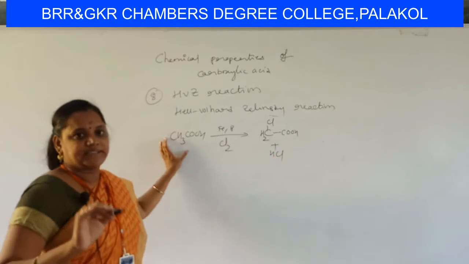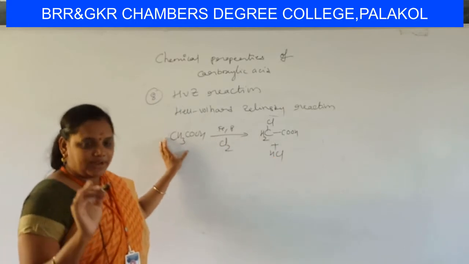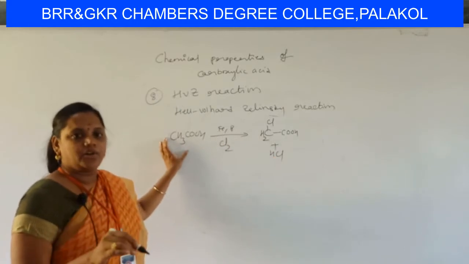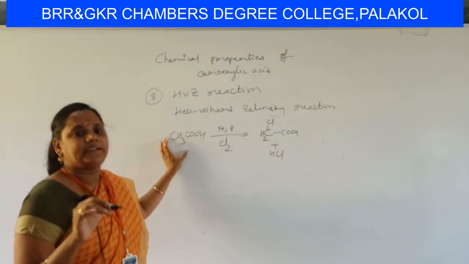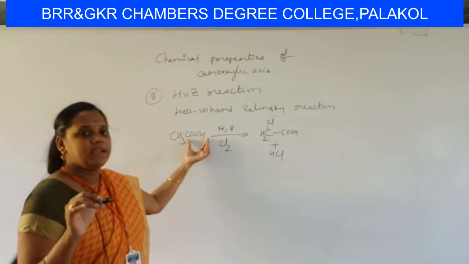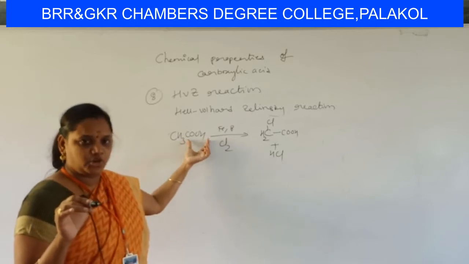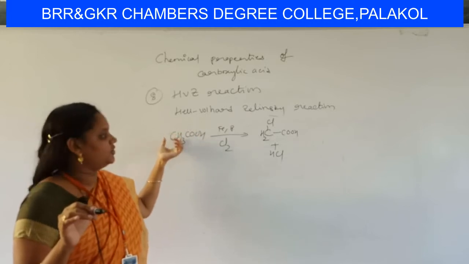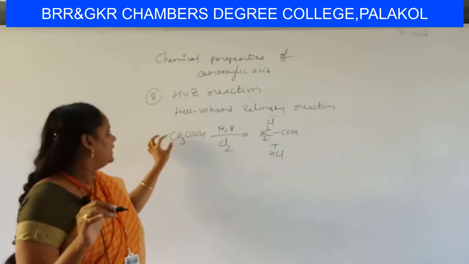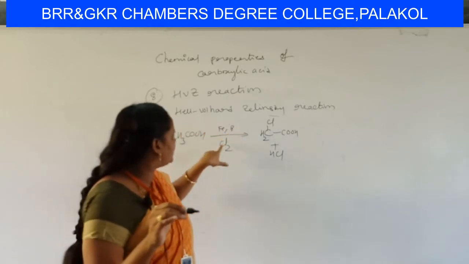What is happening here? I have already discussed alpha hydrogen. Alpha hydrogen is nothing but the hydrogen attached to the carbon atom which in turn is connected to a functional group. Here the COOH group is the functional group, connected to a carbon atom which has an alpha hydrogen atom. That hydrogen atom is replaced by Cl.